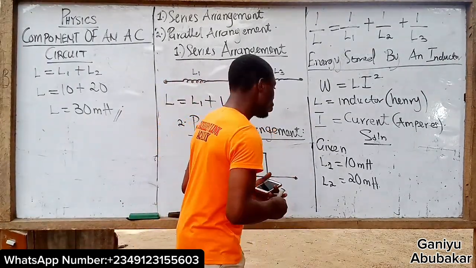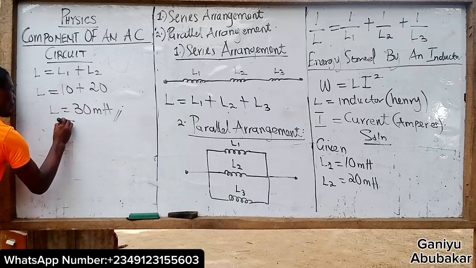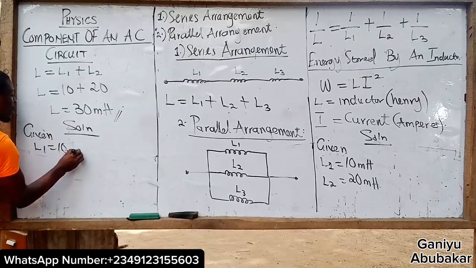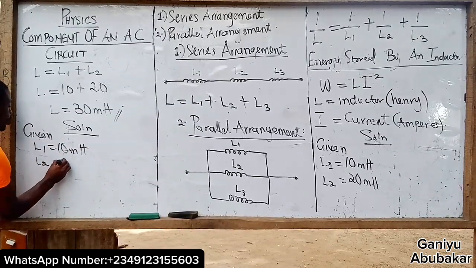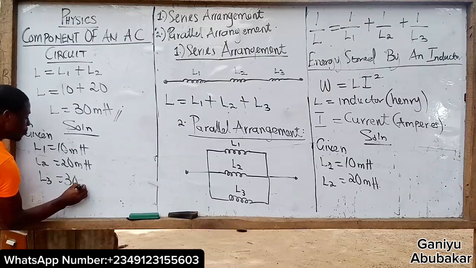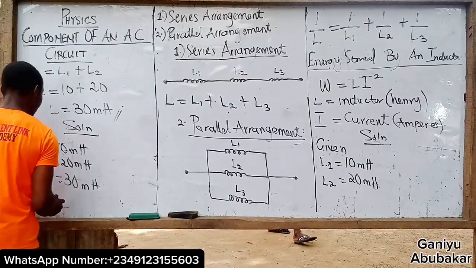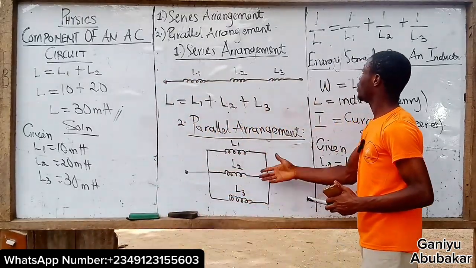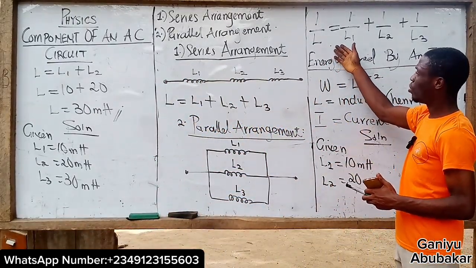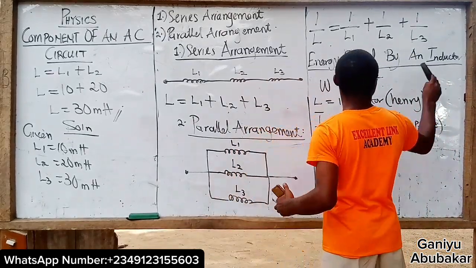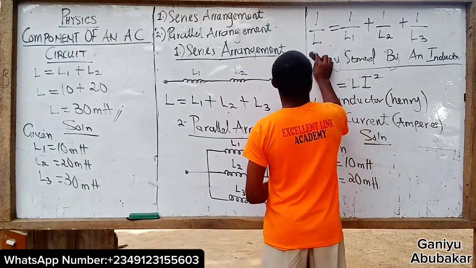So solution: I'm given that L1 is 10 milli Henry, L2 is 20 milli Henry, L3 is 30 milli Henry. These three are arranged in parallel, so I will use this form to solve them.